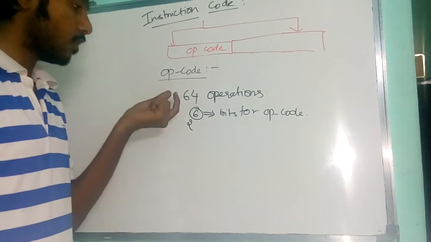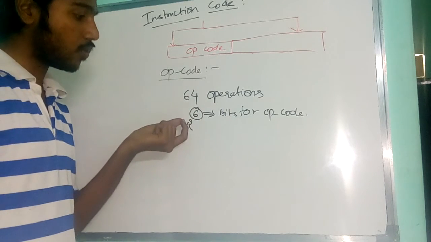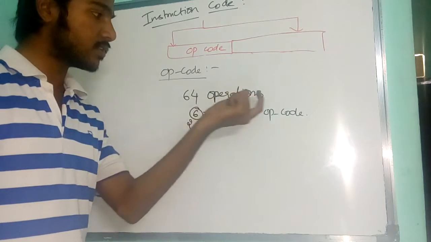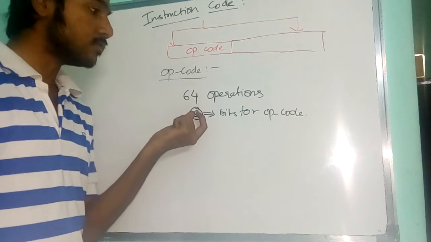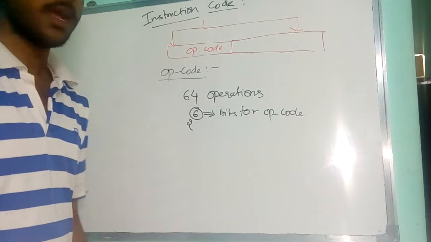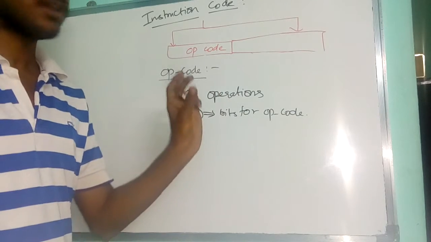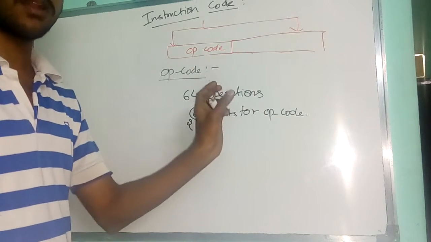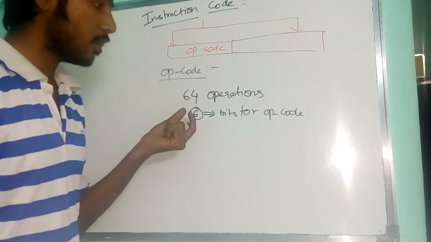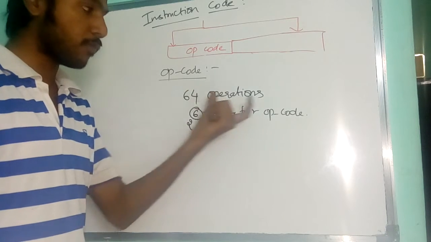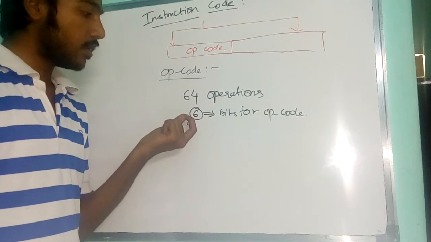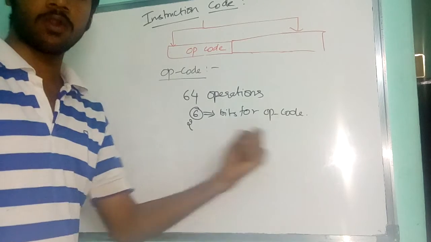That means 2 power 6 is 64, as you know. So to perform 64 operations I need to have 6 bits for opcode and the remaining bits for some other thing. We'll see what the other thing is.